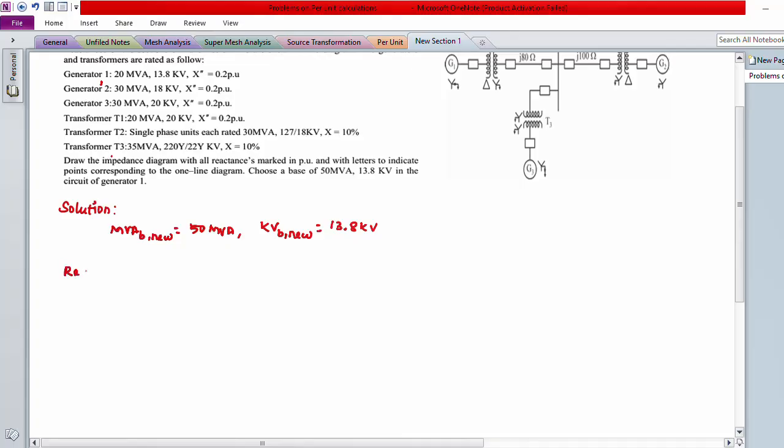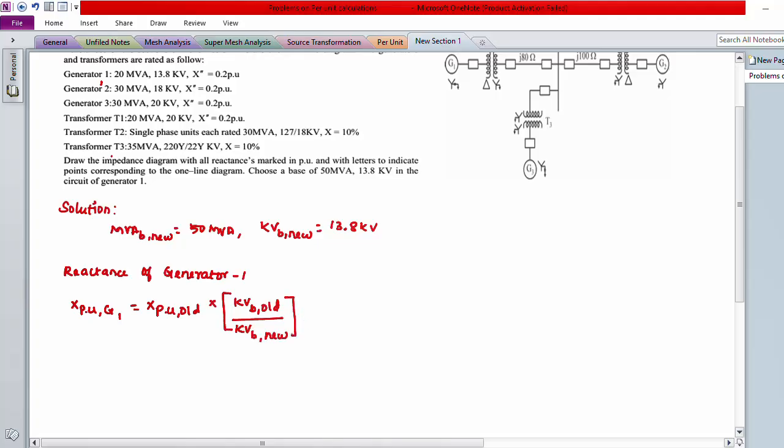Now, reactance of generator 1. So the formula for calculating the reactance is X per unit generator 1 is equal to X per unit old into kVB old divided by kVB new, the whole squared, into MVAB new divided by MVAB old.